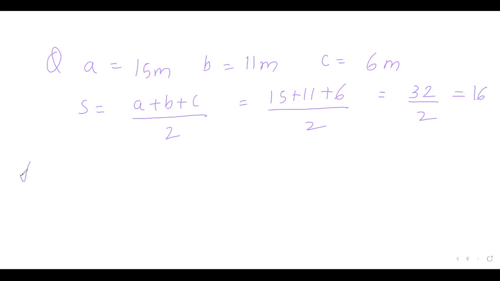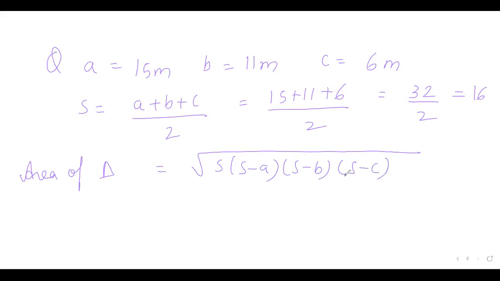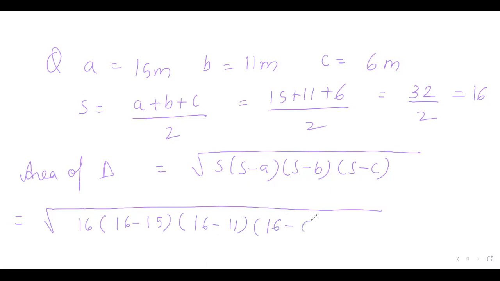Okay, so now apply the area of a triangle, which is given by root of S times S minus A, S minus B, S minus C. So if I put in the values of S, S minus A, S minus B, S minus C, what I am getting is 16, 16 minus 15 is 1, then 5, then 10.